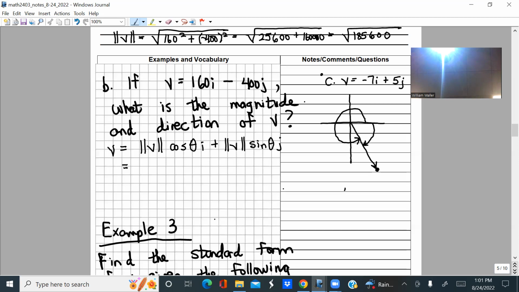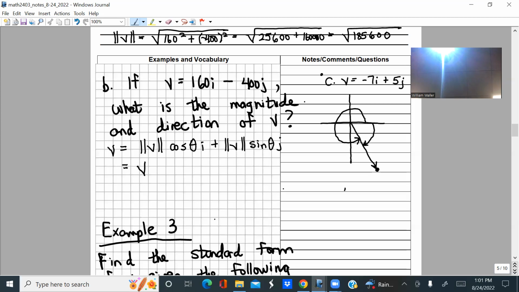And who knows what that is except for the calculator, correct? Let's leave it in exact form for a moment, though. Later on, we'll probably need a decimal approximation when we're trying to figure out what theta is. But we'll leave it in this form for a moment. So let's fill it in here.